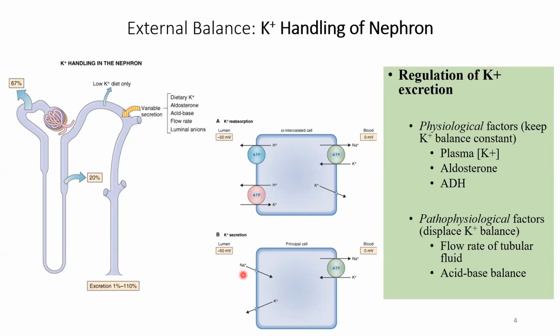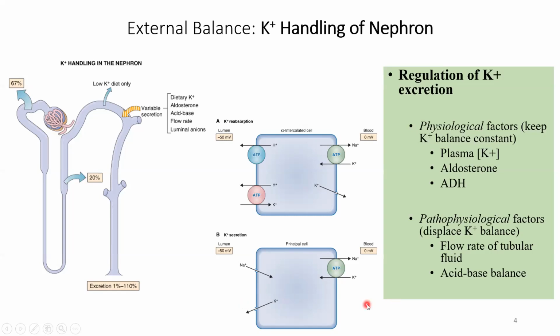However, if you start increasing intake of sodium exclusively, what will happen? This extra sodium will obviously bypass the PCT. However, you have just increased the tubular load of sodium, right? So it goes here and then it comes here. When it comes here in the principal cell, this is what happens. You have more sodium coming in, hence you have more potassium going out.